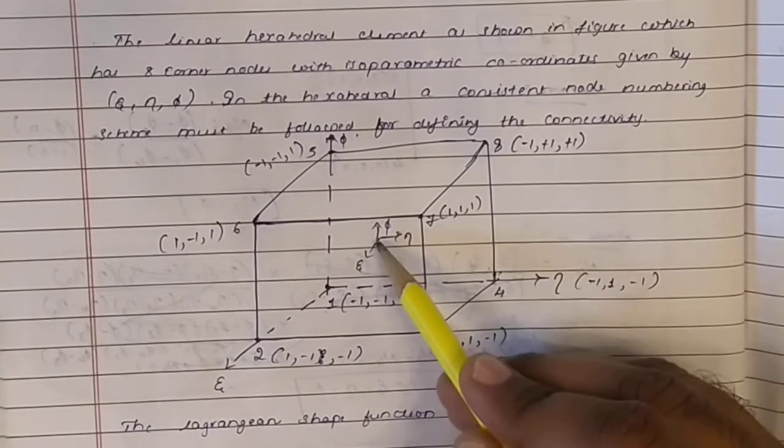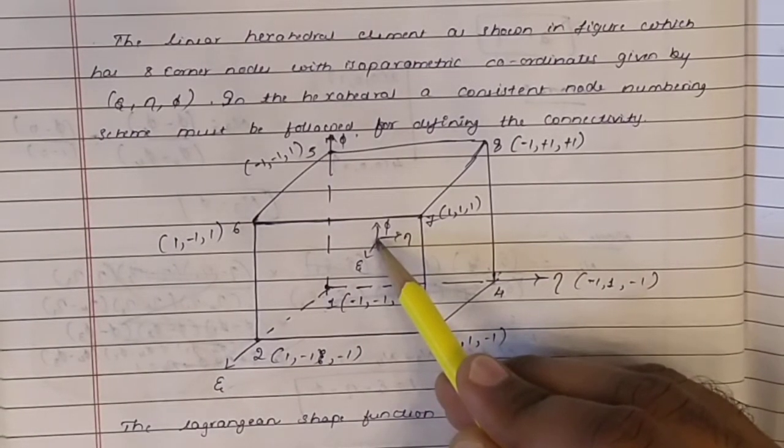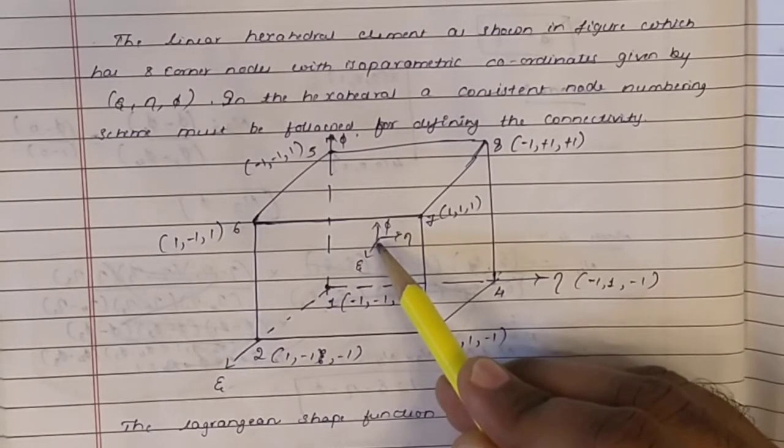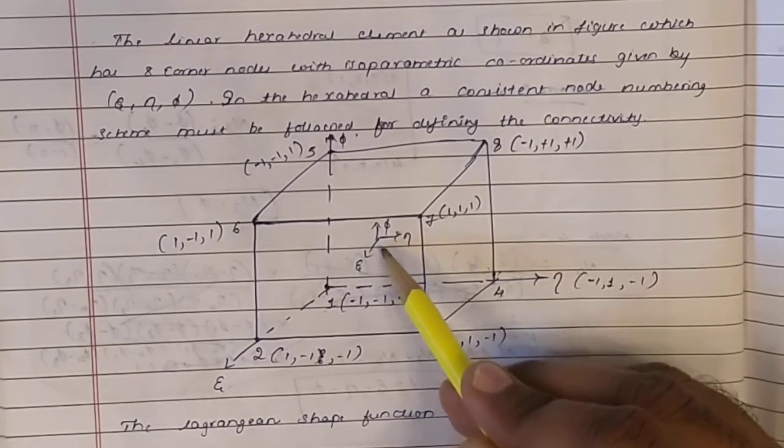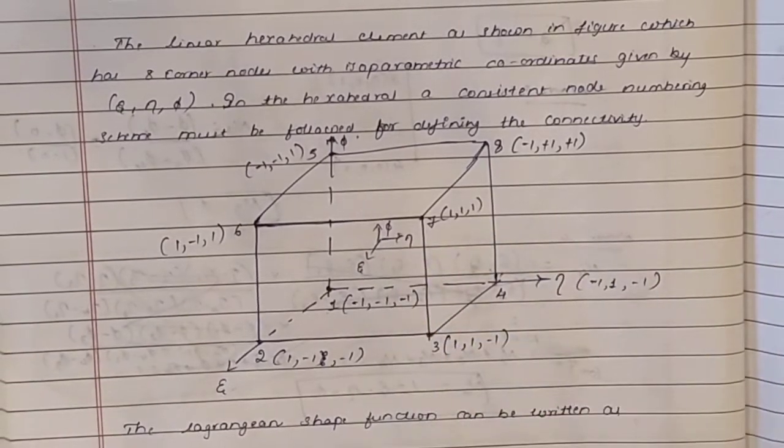If the origin is at the center of the cube, then the coordinates at that center will be 0, 0, 0, that is zeta is 0, neta is 0 and phi is 0.